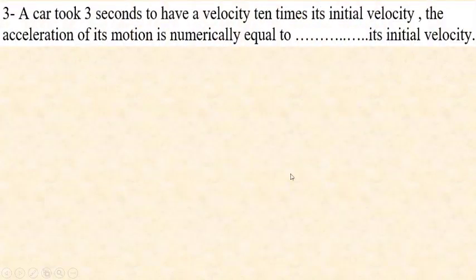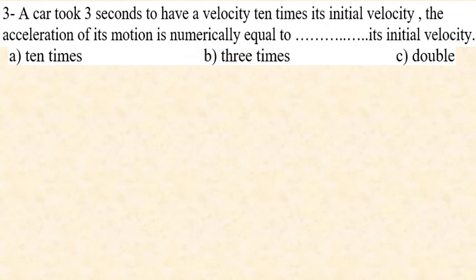Question number 3. If a car took 3 seconds to have a velocity 10 times its initial velocity, so the final velocity equals 10 times the initial velocity. The acceleration of its motion is numerically equal to dot times its initial velocity. The choices: 10 times, 3 times, or double.